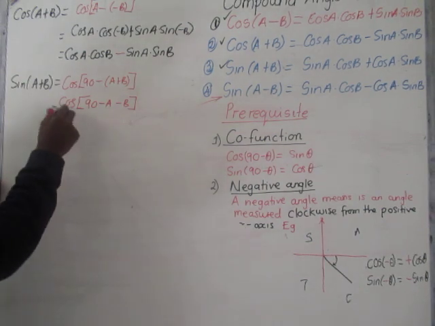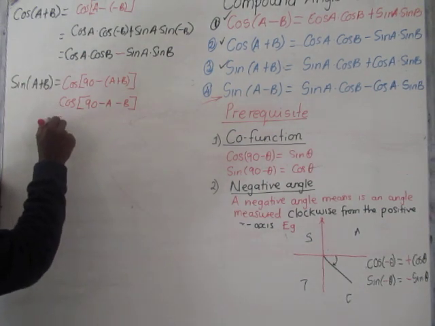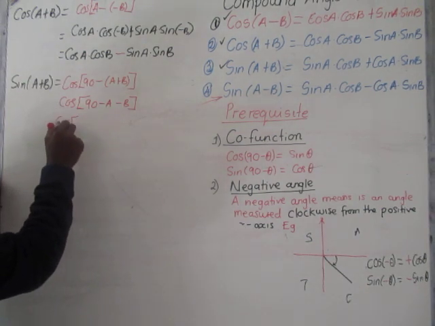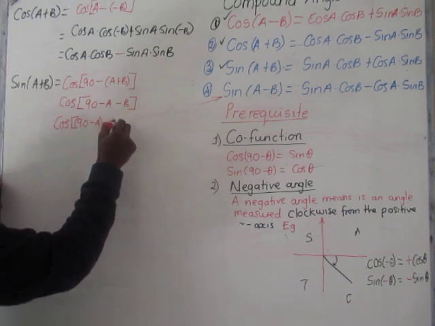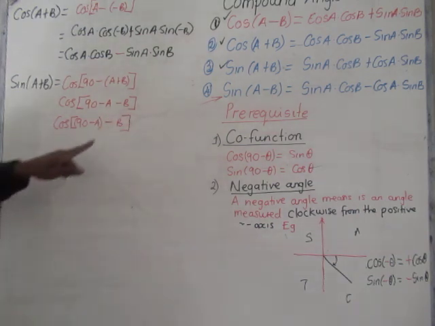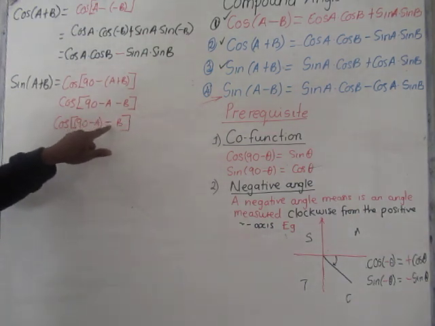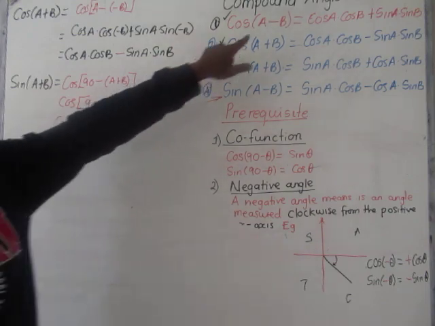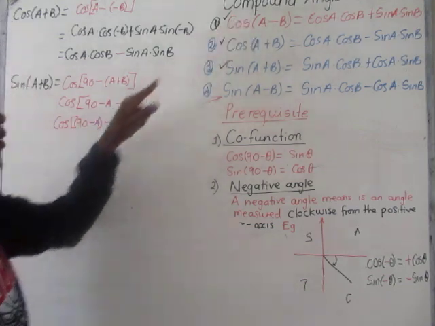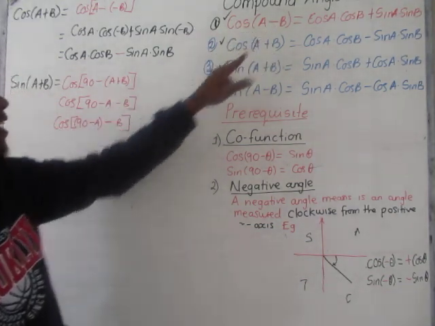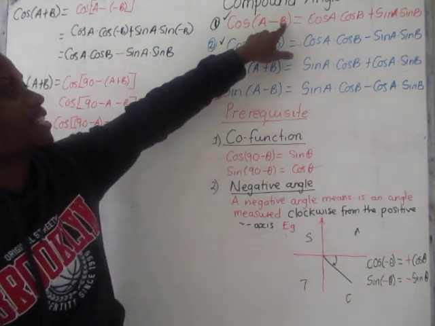So this one can now be written explicitly as cos(90 minus a), so this is an angle on its own, minus b. We should know that this b doesn't mean it's negative. This negative is the default negative. 90 minus a represents this angle, this minus represents that, and this b just represents the b.